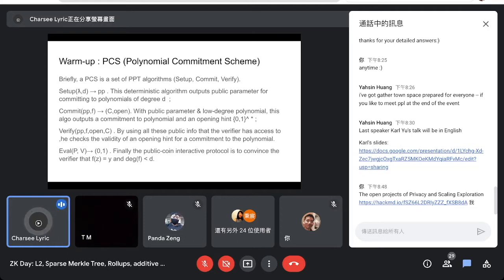This is useful because you can easily check the validity of your commitment with just a limited number of operations. So this is very useful.